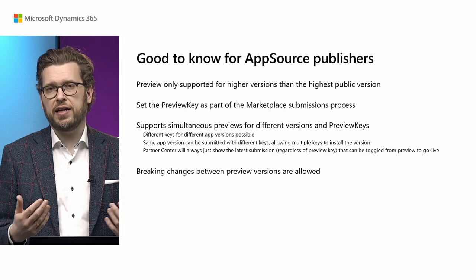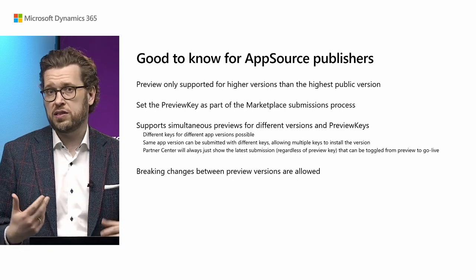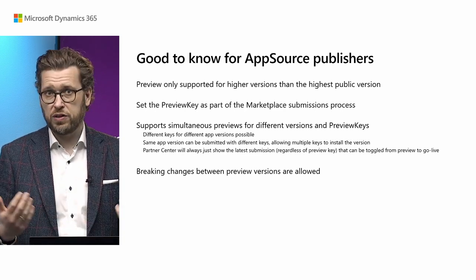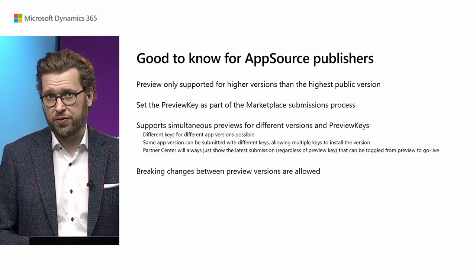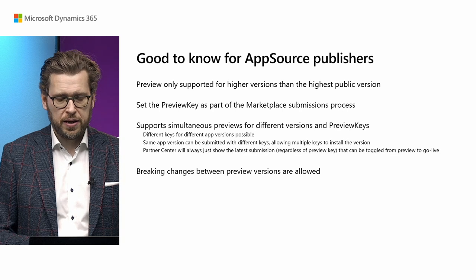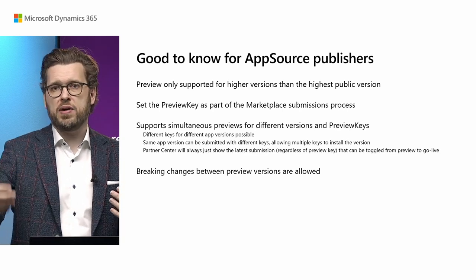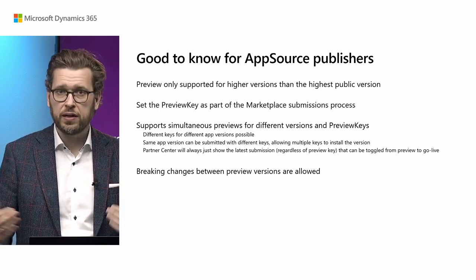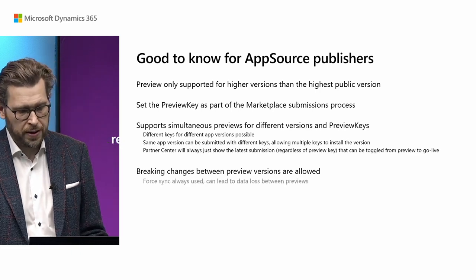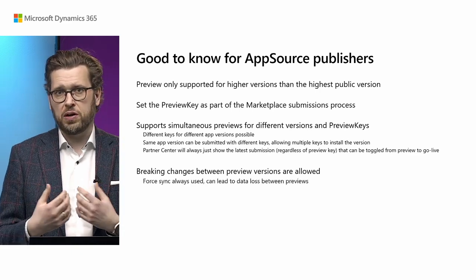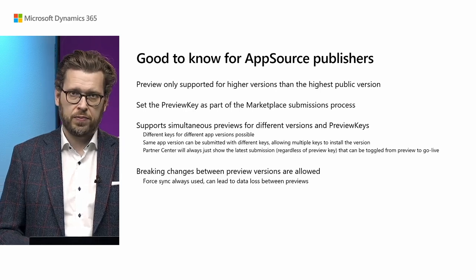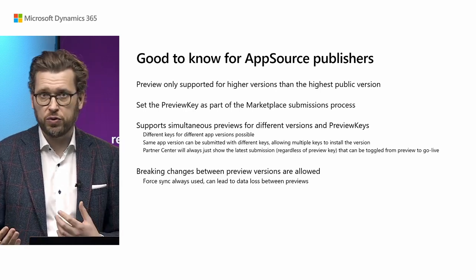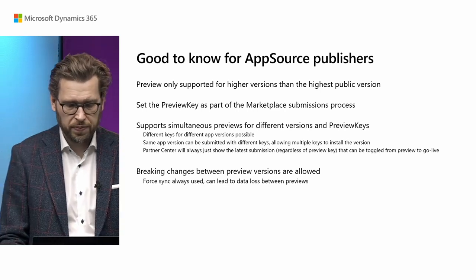Then we understand that as part of the preview process, and this is one of the big benefits of the preview process, you probably want to react to the feedback that you are getting from your customers. So you are actually allowed to make breaking changes between preview versions. What happens is that we are always using force sync when we are upgrading previews from one version to another.